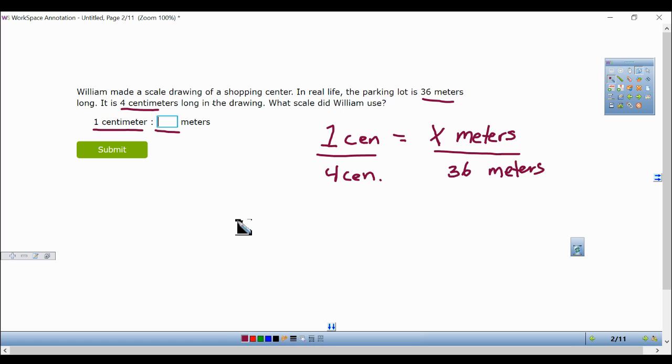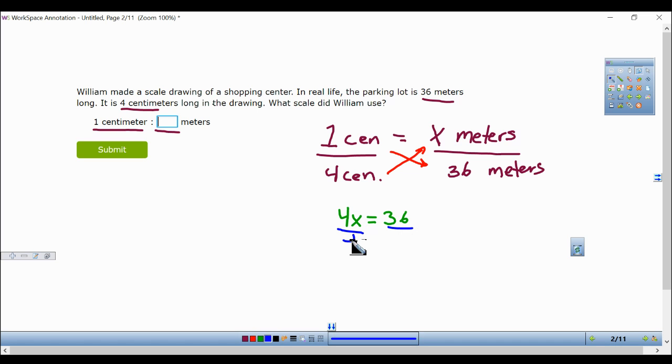So we're going to cross multiply 4 times x and 1 times 36, which will give us 4x is equal to 36 times 1. So in order to get x by itself, we have to do the opposite of what we're doing here. How do you get rid of this 4? Since we're multiplying 4 times x, the opposite of multiplication is division.